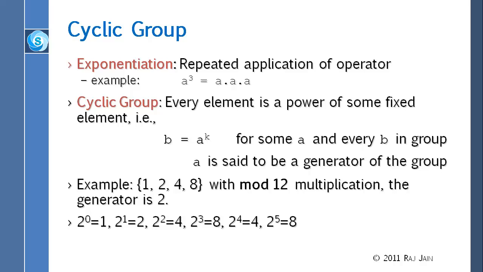So the whole group satisfies the property that we talked about. Alright, so this is a cyclic group with mod 12 multiplication. When we talk about mod 12 multiplication, it is in this group only. We're not talking about number 11 here because that is not a member of the set.